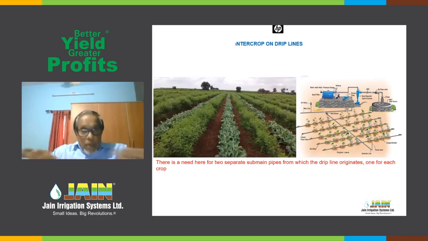So you get the difference. See, you started with a simple single crop, then you came to a bit more of crop geometry, then you came to two crops at the same time, intercropping, not double cropping, intercropping. So how you set up the drip line irrigation can be adjusted to all these situations.